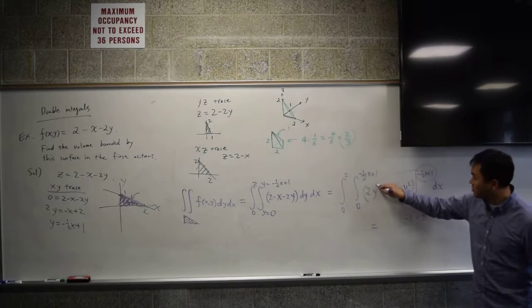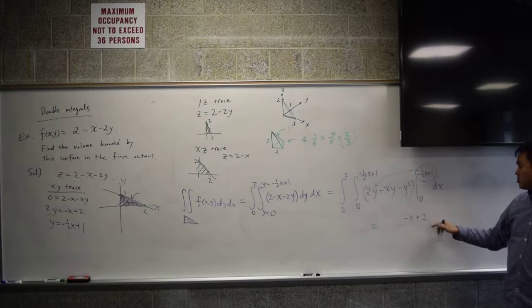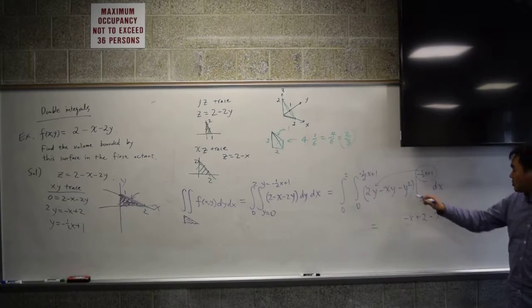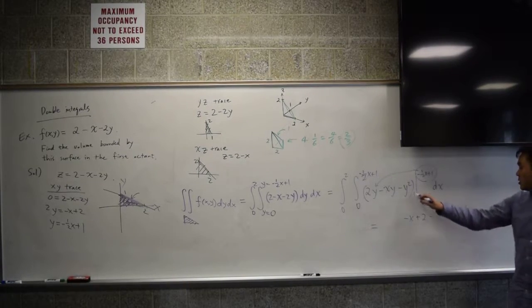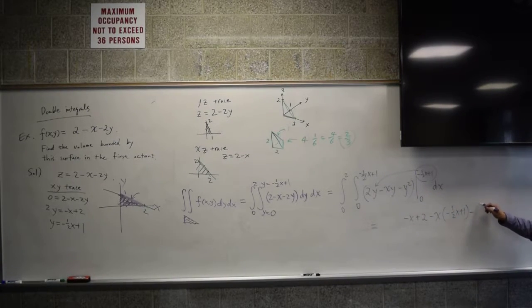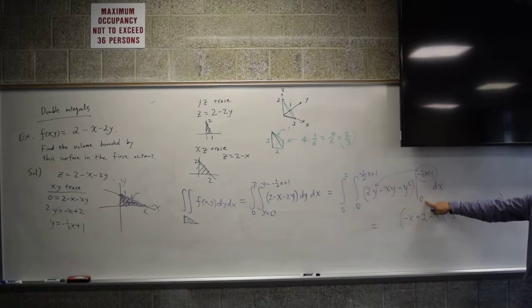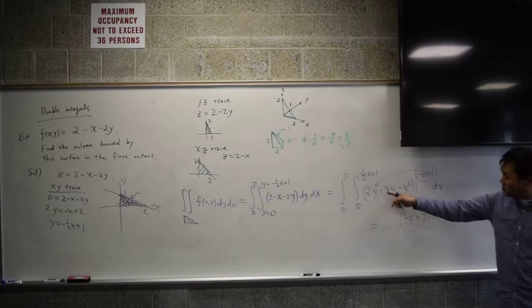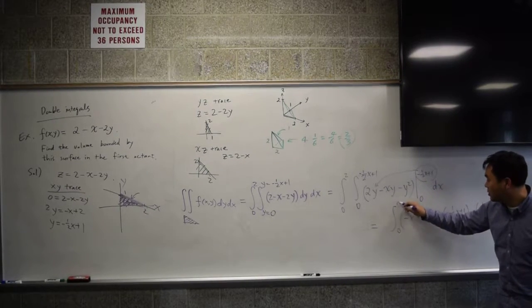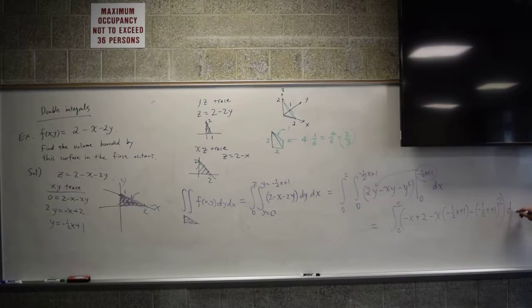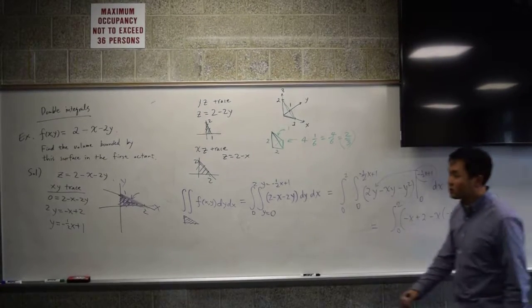When you plug this in here, you multiply it by 2. Minus x times y is negative 1 half x plus 1. Minus negative 1 half x plus 1 squared. And then you plug in 0 into y and subtract, but if you plug in 0, there's nothing. And you're trying to integrate from 0 to 2.